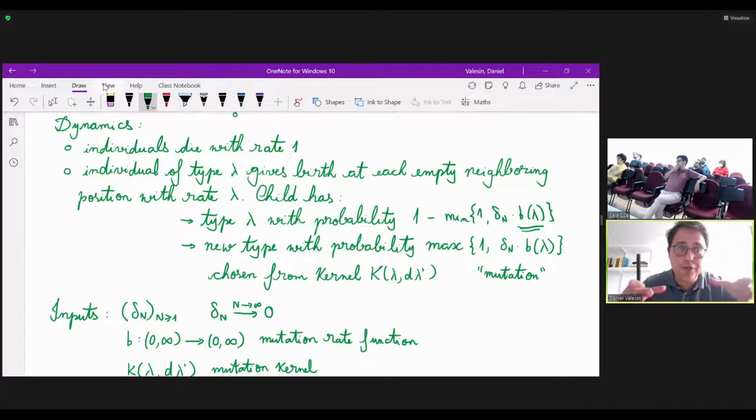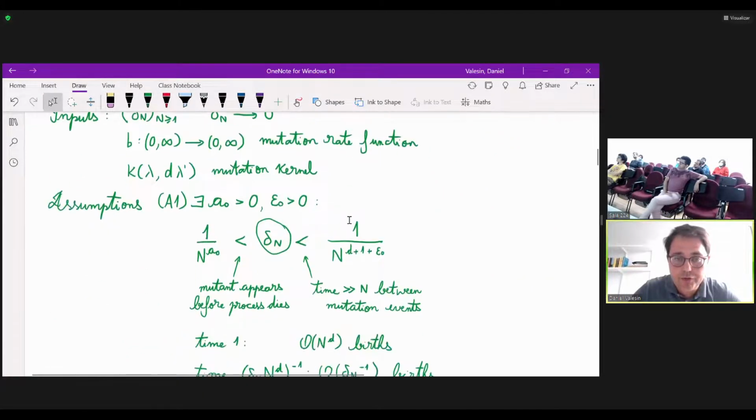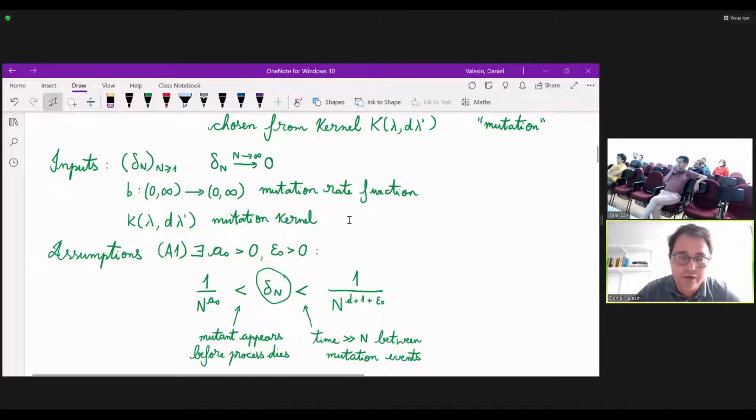We increase them at the same time that we increase the torus, which is indexed by n. So when we take n to infinity, delta n also goes to 0, so it gets increasingly less likely that a mutation occurs each time there is a birth. But we assume that delta n goes to 0 with a certain speed. First, we assume that it doesn't go to 0 too fast.